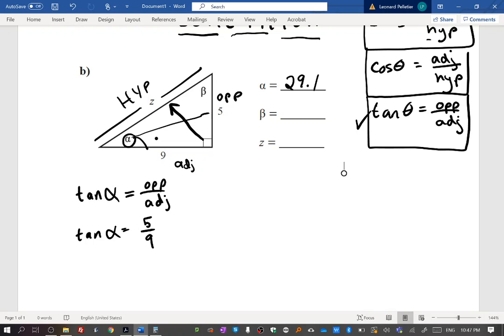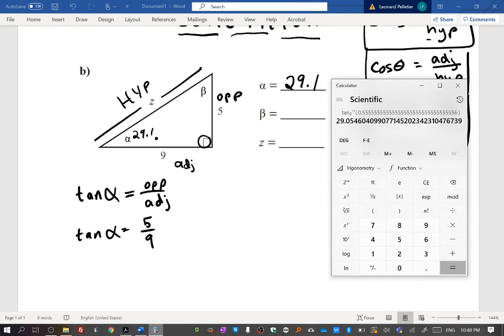Hey, once you have one of the angles, by the way, I'll erase some of this stuff. Once you have one of the angles, so I know this is now 29.1, I can find the other angle really easily because in a triangle, all the angles add up to 180. I already got 90. I already got 29.1, so I just need to subtract.